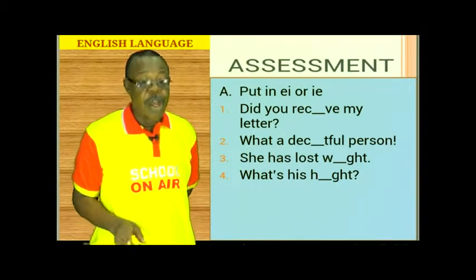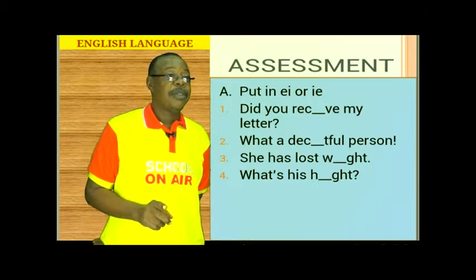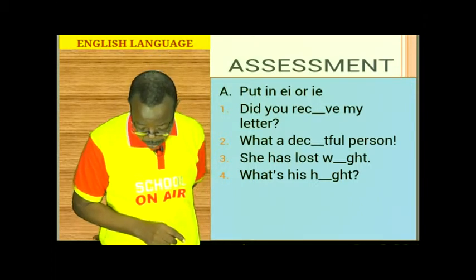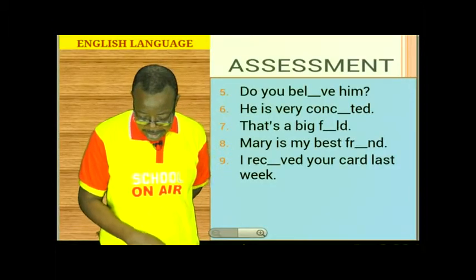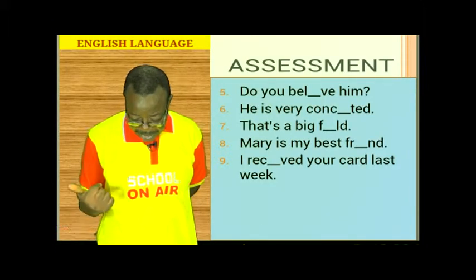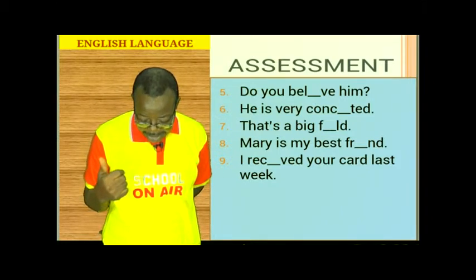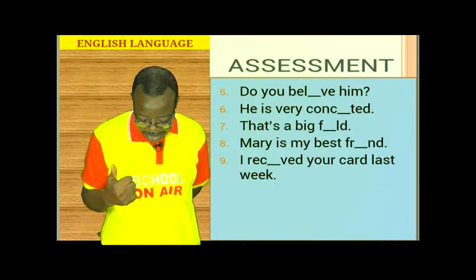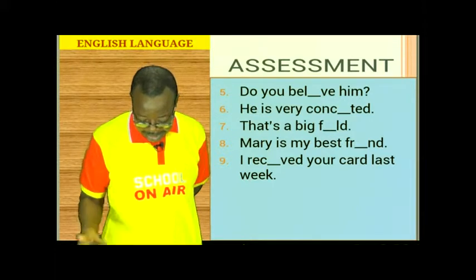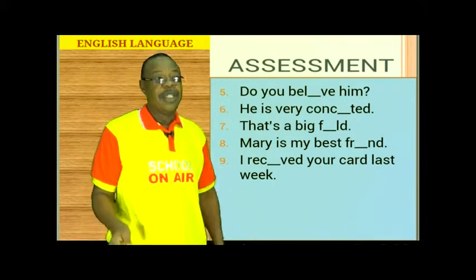Then she has lost dash. And then what is dash? And then do you dash him? He is dash. That's a big dash. Mary is my best dash. Very easy. You should get everything in this one.